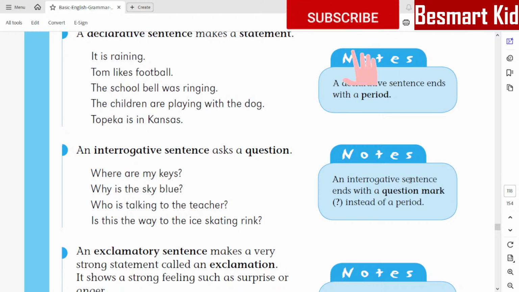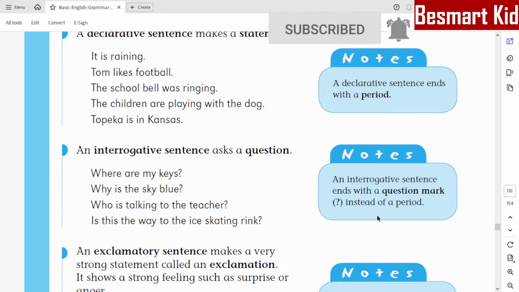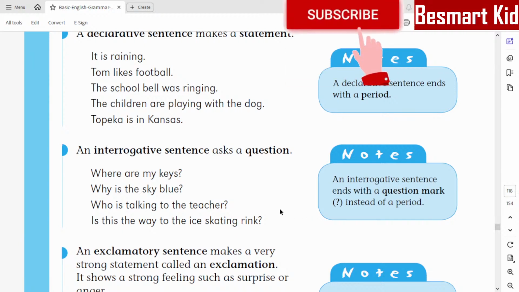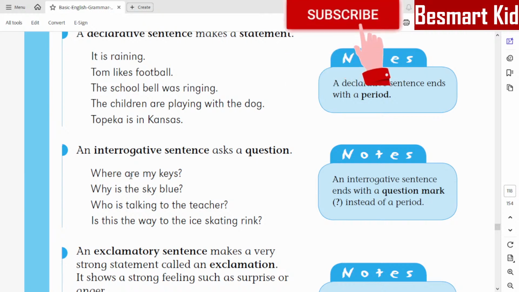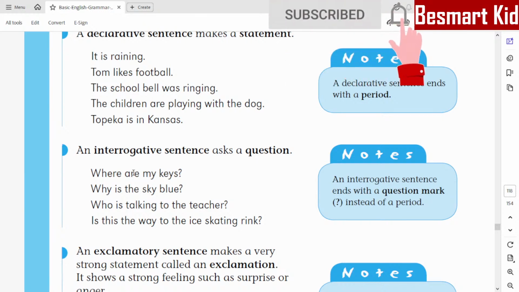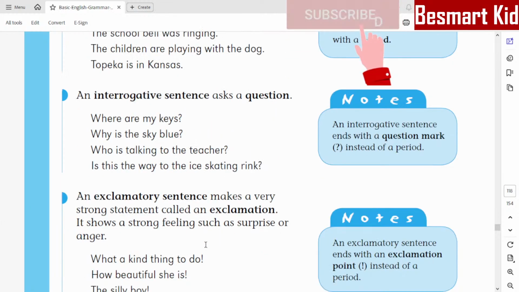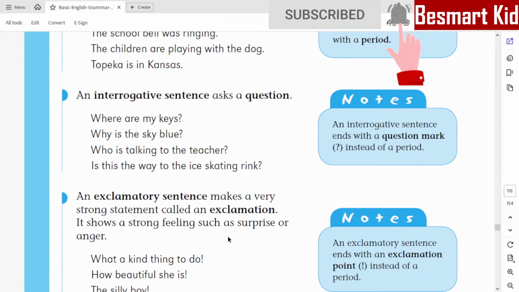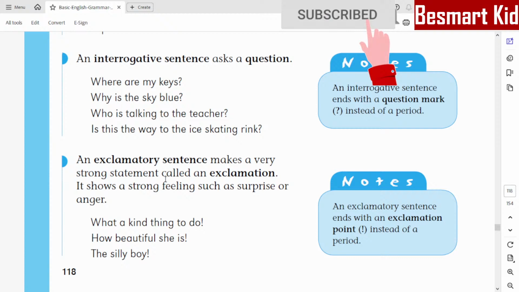An interrogative sentence ends with a question mark instead of a period, because its sentences are always questions.